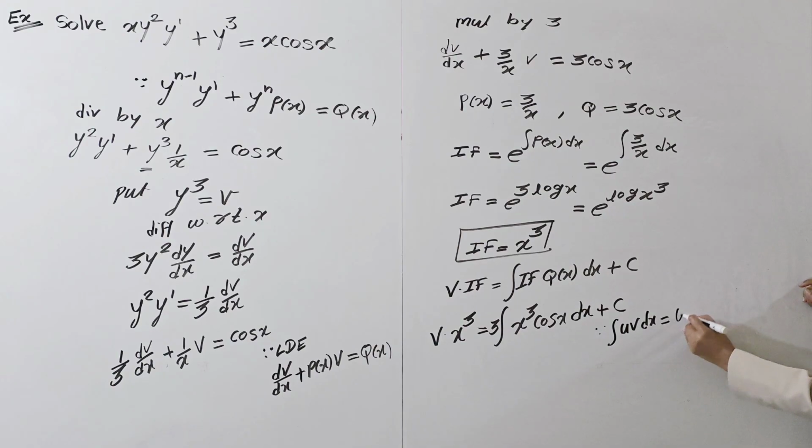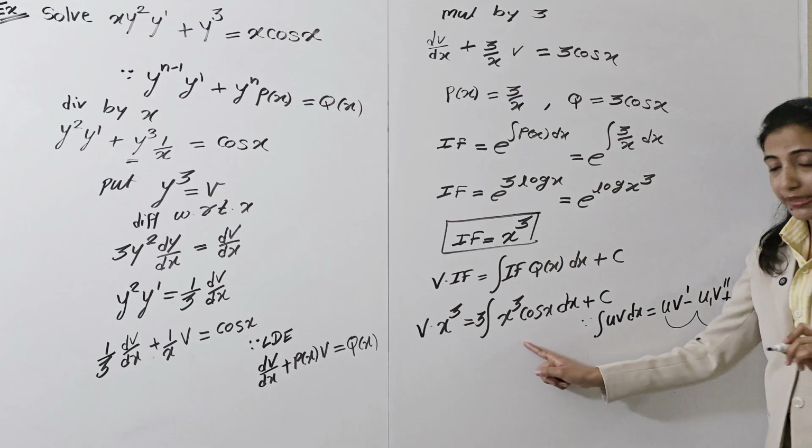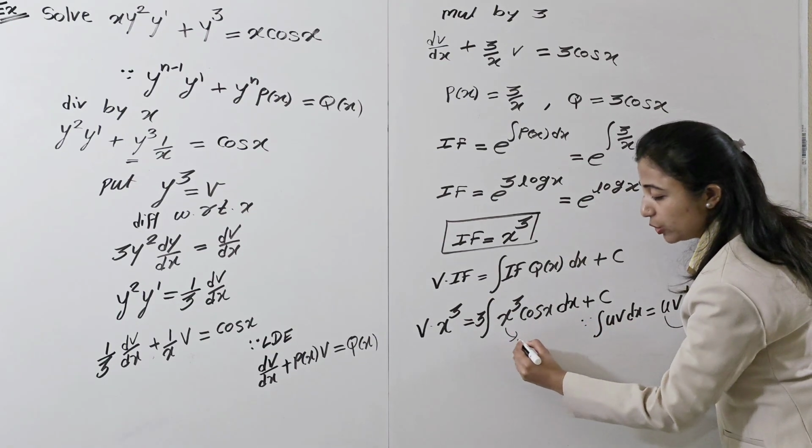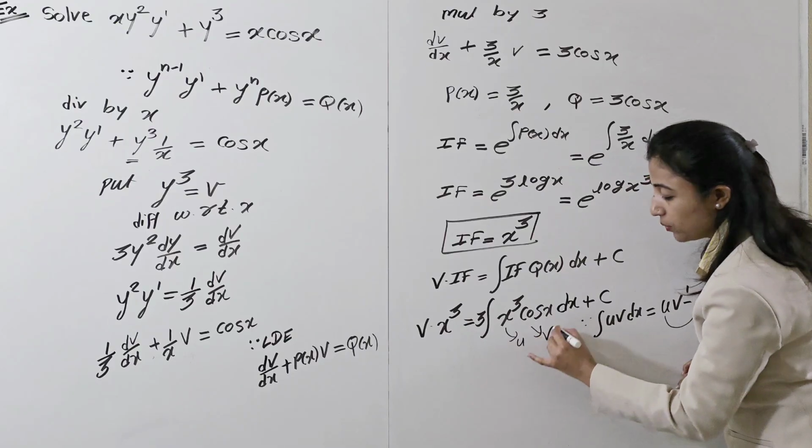So u as it is, integration of v, alternate plus minus, take the derivative of the first term continuously, so you get the first derivative, which we denote by u1, and the second term again integrated, alternate plus minus, so next will be plus u2 v triple dash and so on. Apply this formula for this integration, where this one is our u and this is our v.